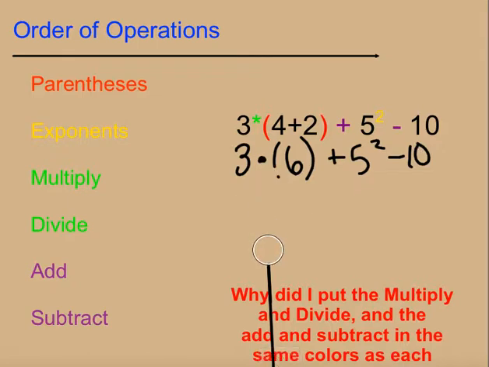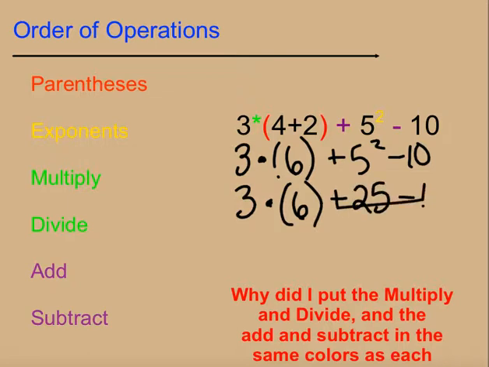Then we look and say, all right, next we need to do those exponents. Well, those are the yellow exponents, so we need to do that 5 squared. So we say 3 times 6 plus 25 minus 10. All right, we got rid of our exponents.